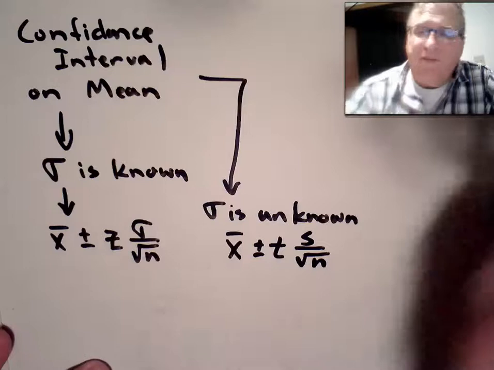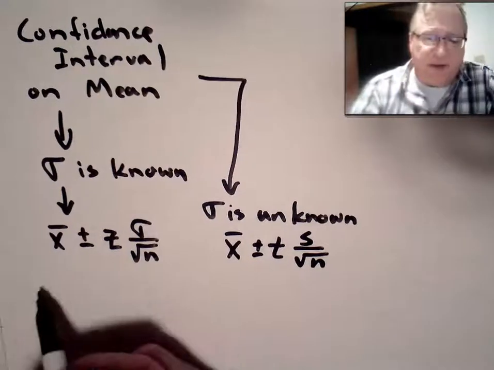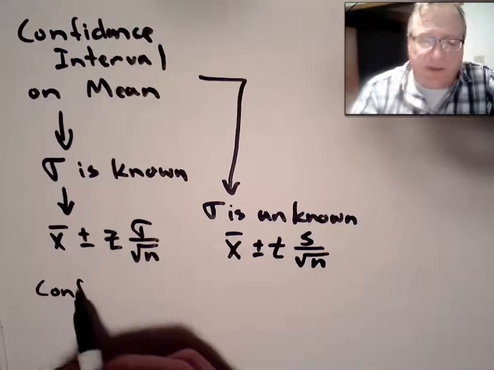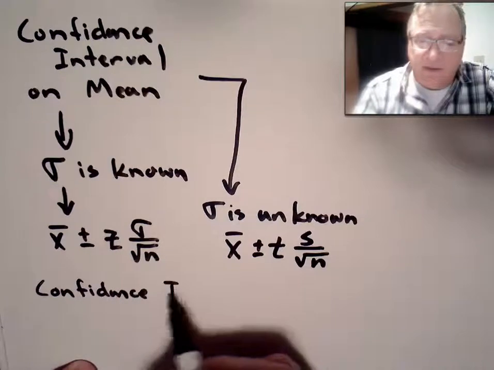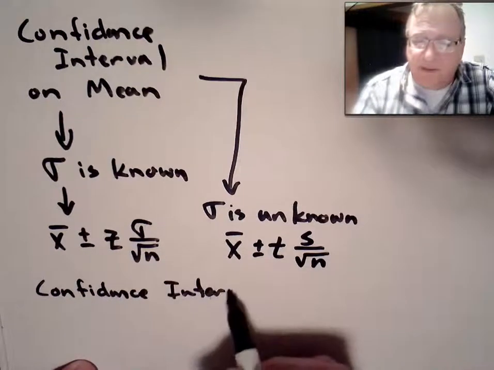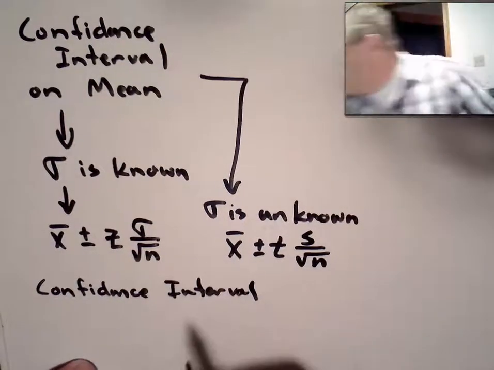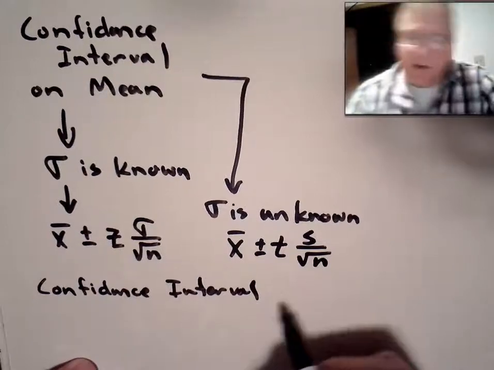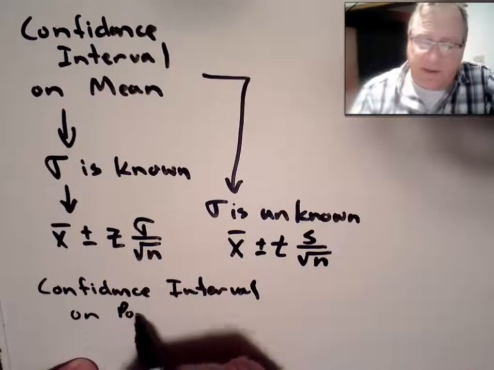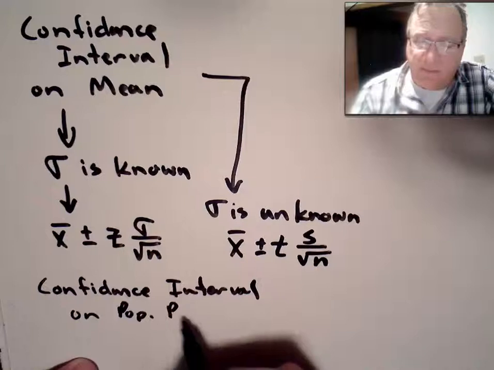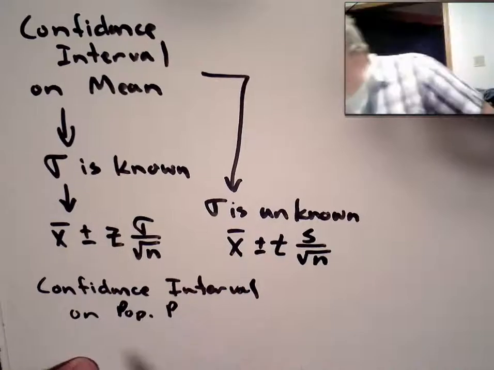Finally, there might be another confidence interval we're interested in: the confidence interval on the population proportion.